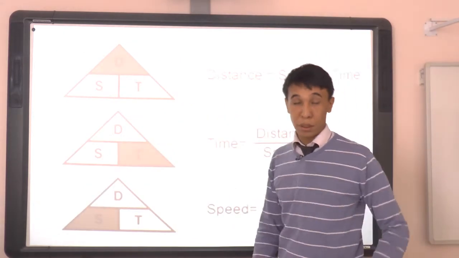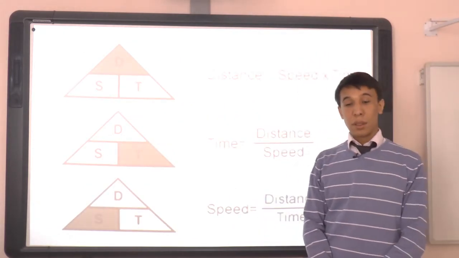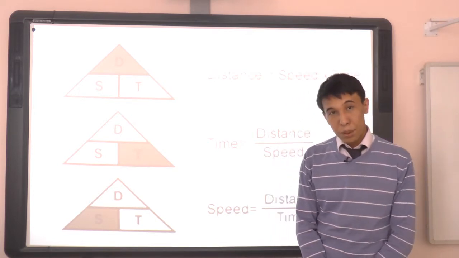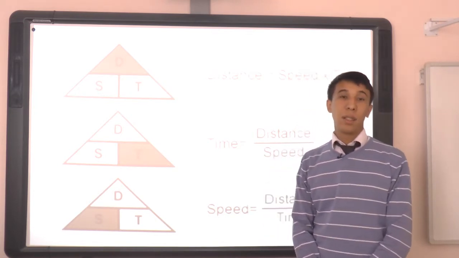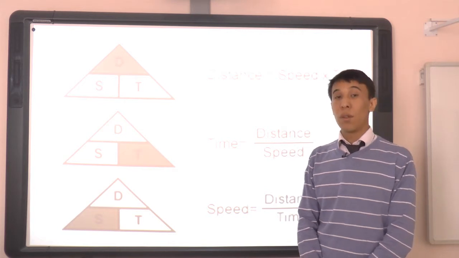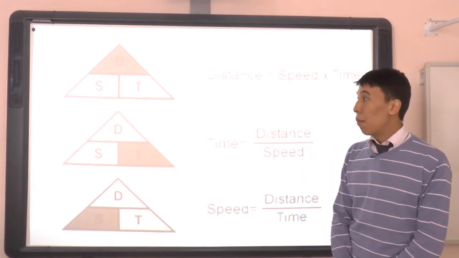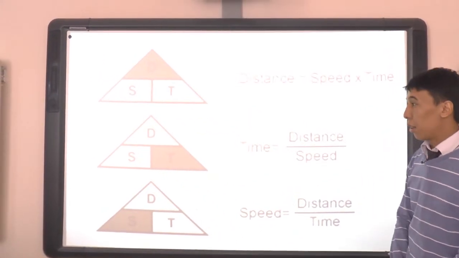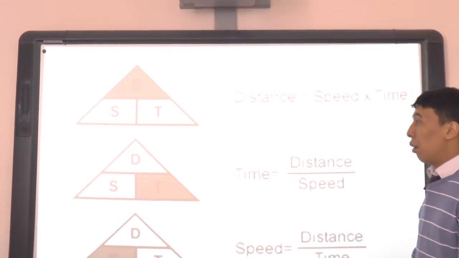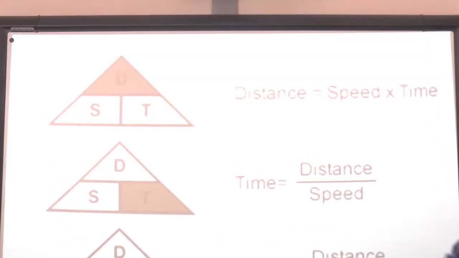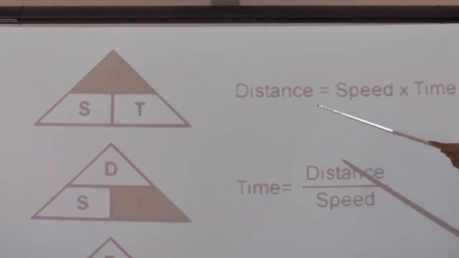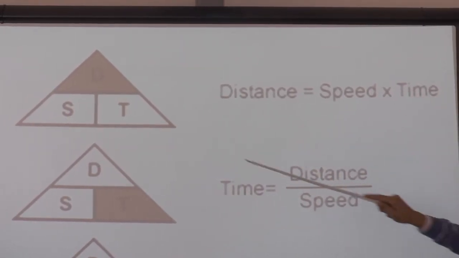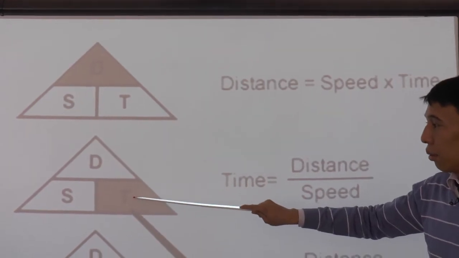Okay, students, we just found the equation of speed. However, we need to find other equations, such as the equation of distance or time. By using this triangle, we can easily find the other parameters of uniform motion. There we have distance, which is speed times t, and we can easily rearrange this.